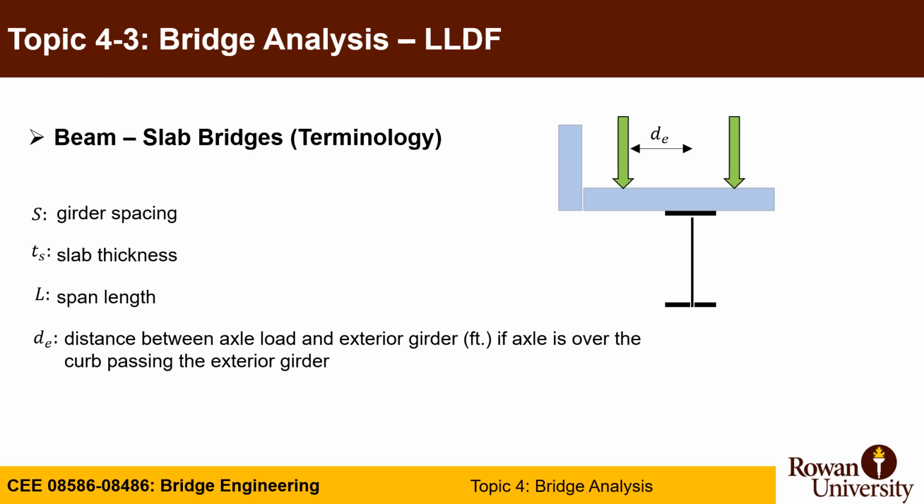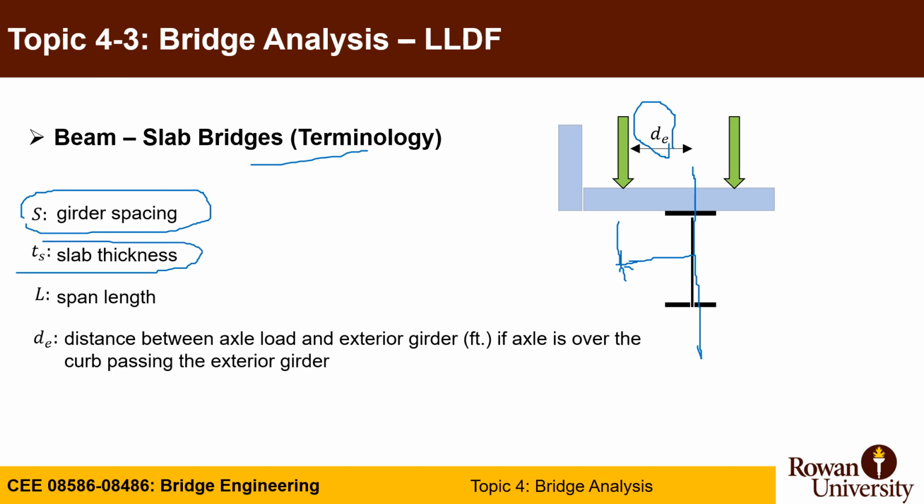We also have one important terminology, which is called the de distance, which is the distance between the center of the exterior girder to the first wheel. S is the spacing between the girders. ts is the slab thickness.